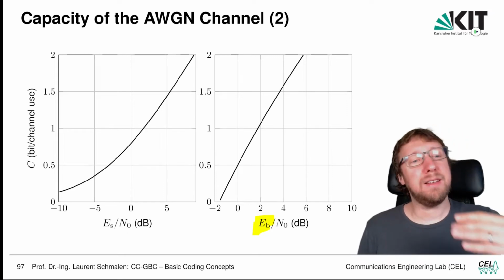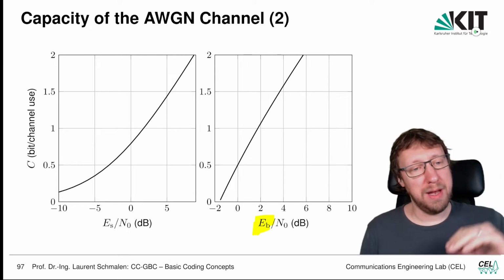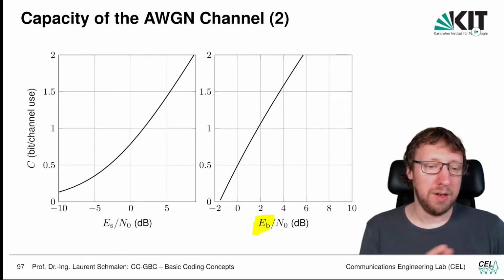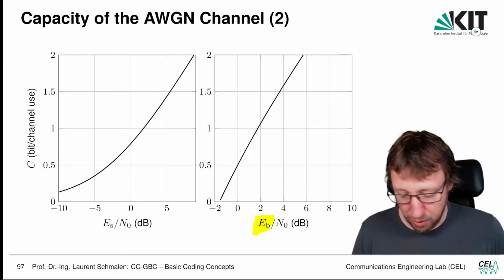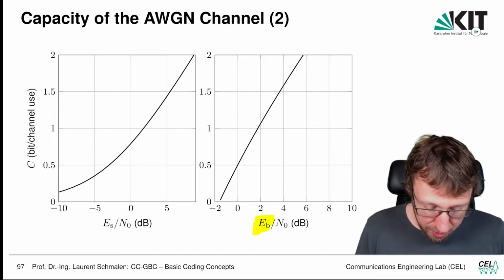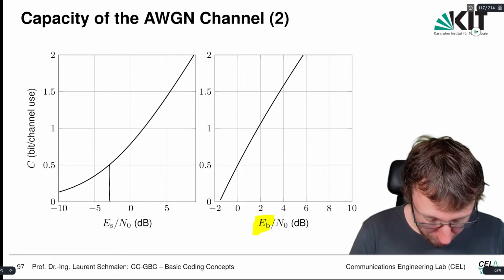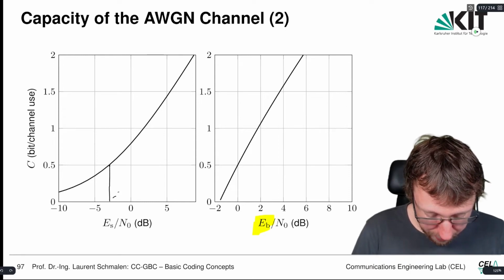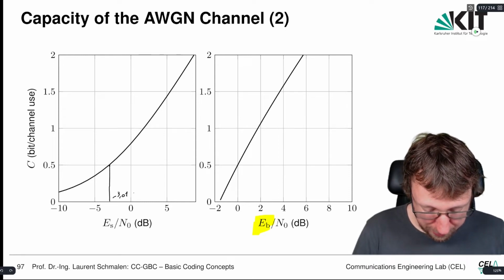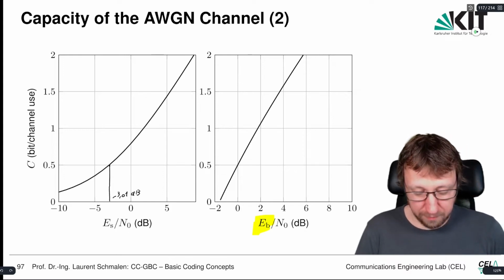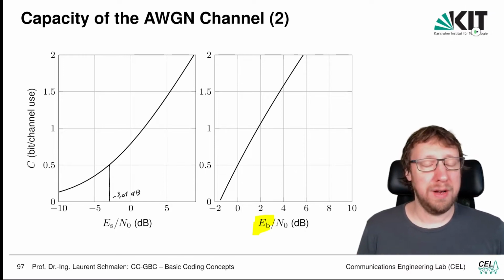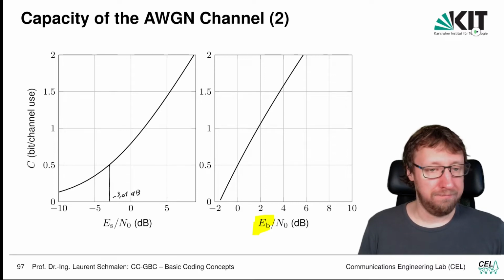Well, we start by looking at the different capacities or by looking at the different values of Es over N0. So for instance, we pick the value Es over N0 of minus 3.01 dB. That's the value Es over N0 of 1/2.